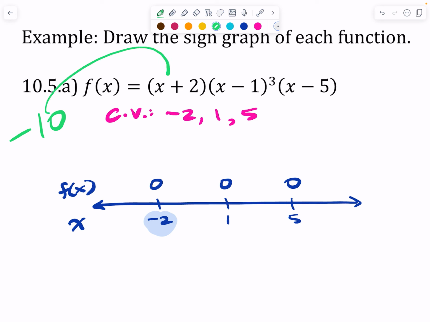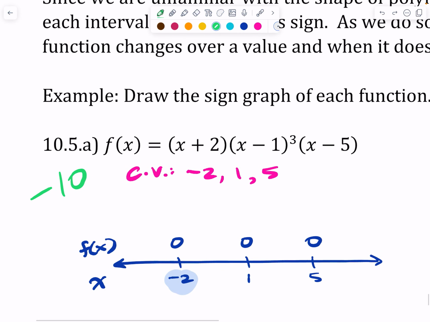I'm going to plug that in for x in each one of these. If x is -10, x plus 2 is -8, so that's negative. If x is -10, x minus 1 is -11, and when we cube that, we get something negative.